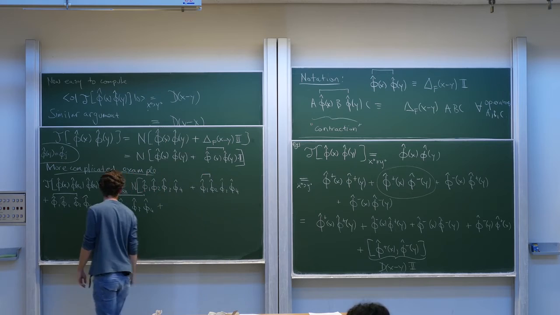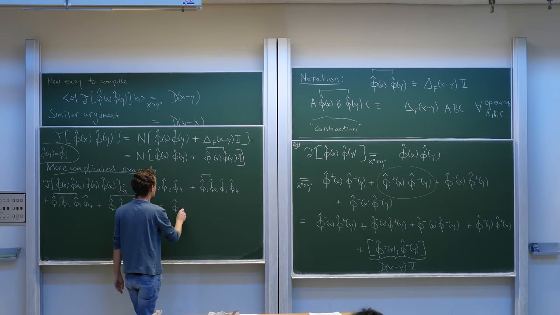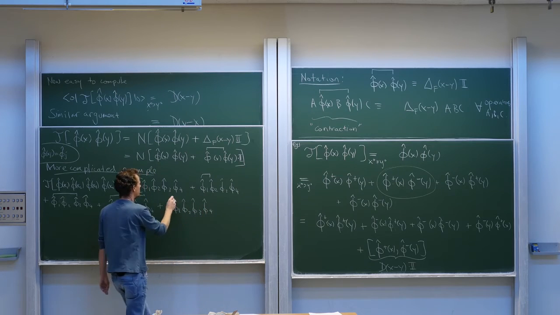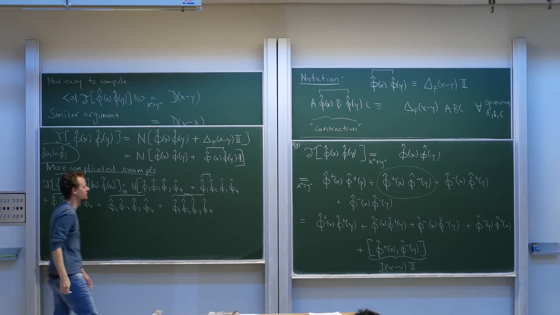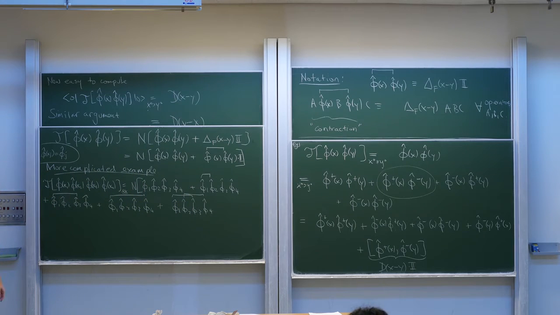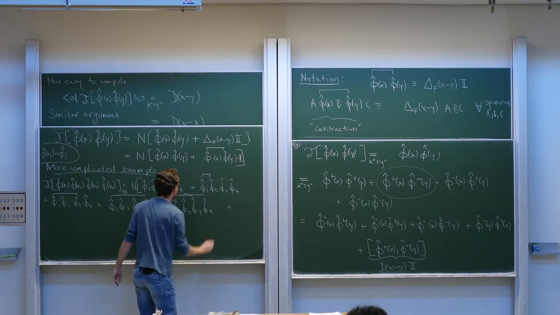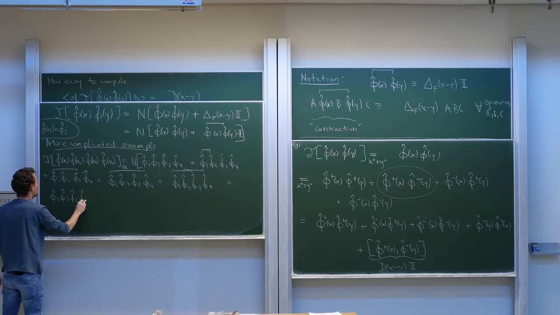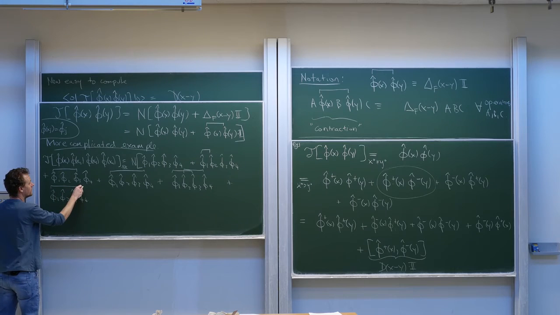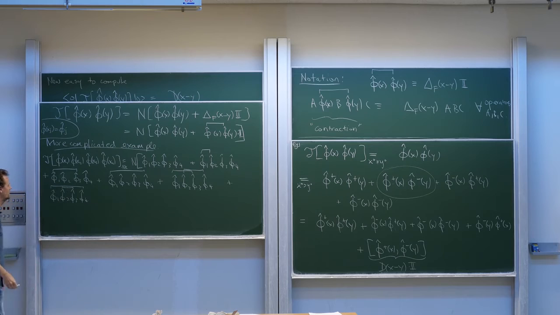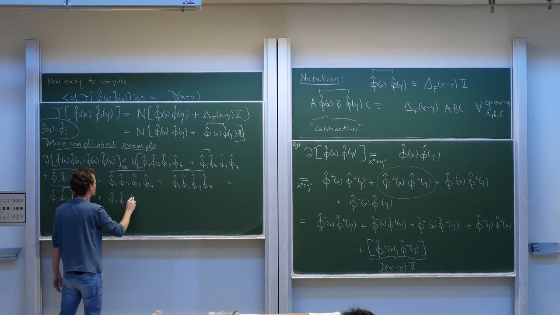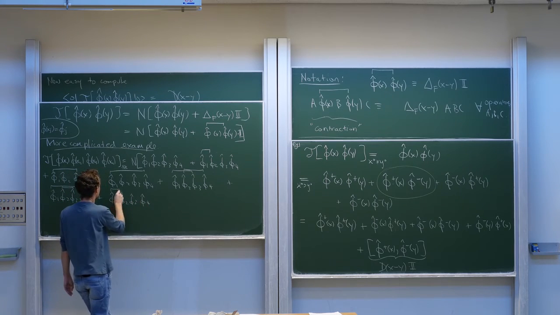Aha, but wait, there's still more. There's the commutator between 1 and 3 and the commutator between 2 and 4. There's a commutator between 1 and 4 and 2 and 3. And there's one.